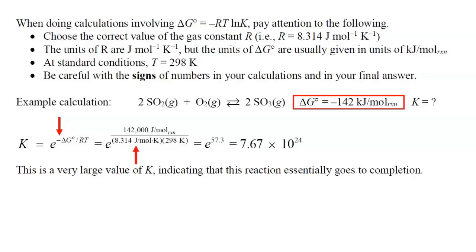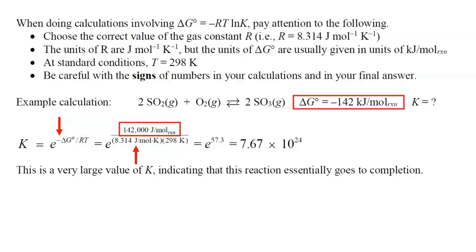Also, you'll notice that R has units of joules, but if delta G has units of kilojoules, you have to fix that problem. So what I've done there is I have multiplied by 1,000 to go from kilojoules to joules. So on the top, applying the negative sign, I have 142, and then I multiplied by 1,000, so it's 142,000 joules per mole of reaction.